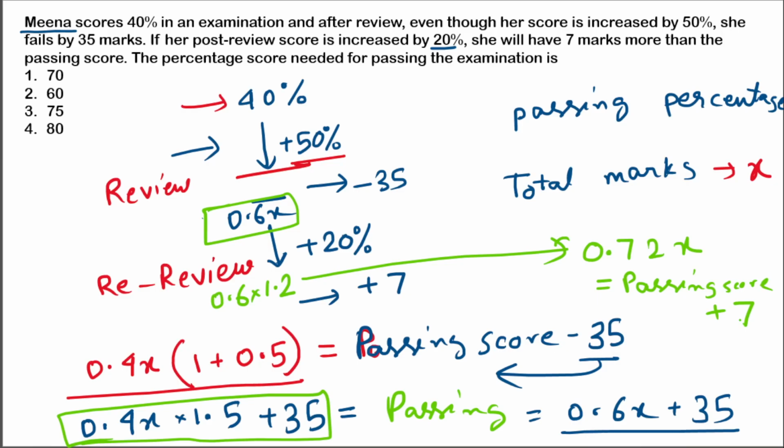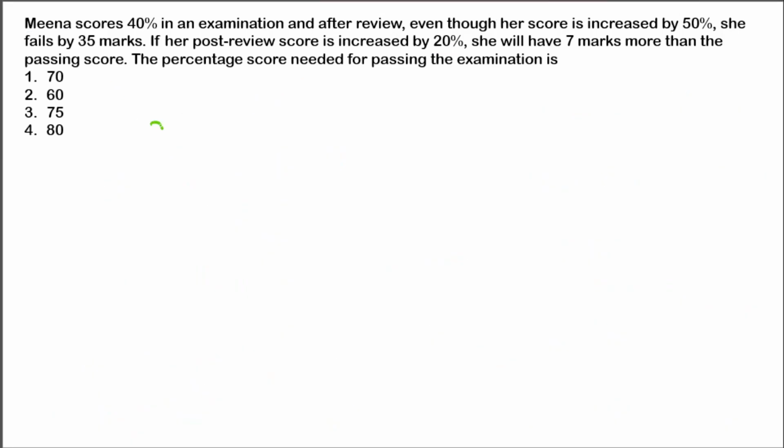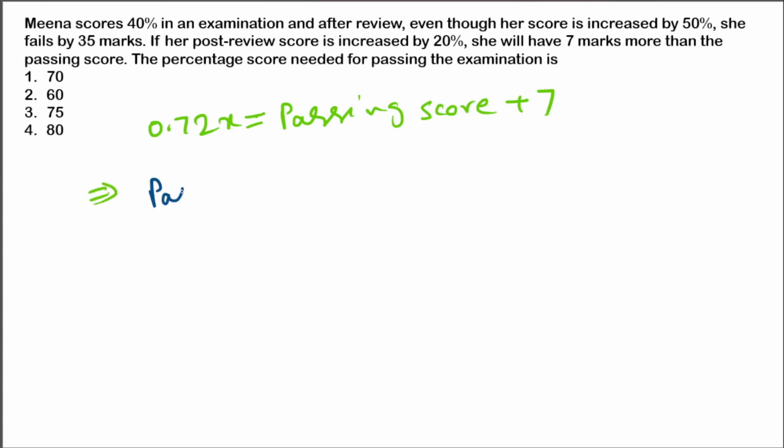So 0.72x equals the passing score plus 7. From this route we get that the passing score is simply 0.72x minus 7.